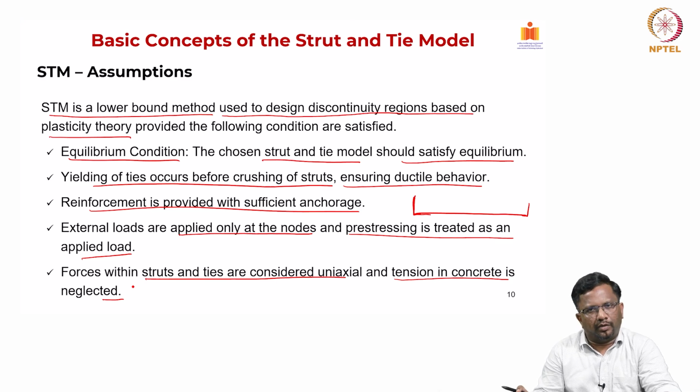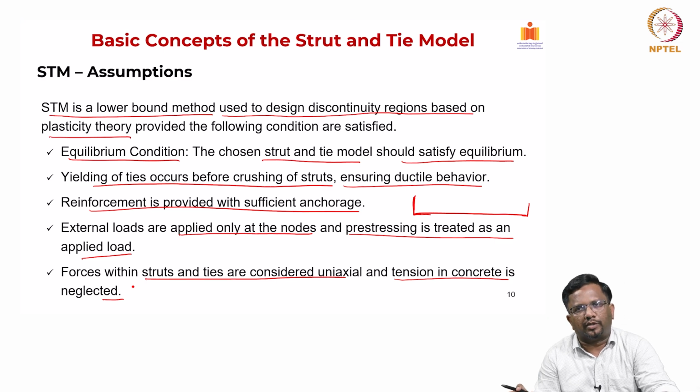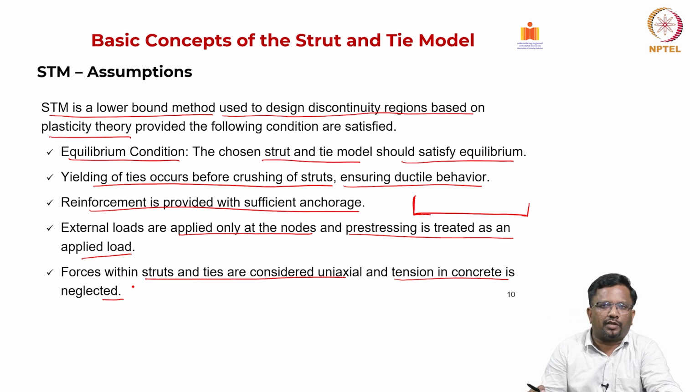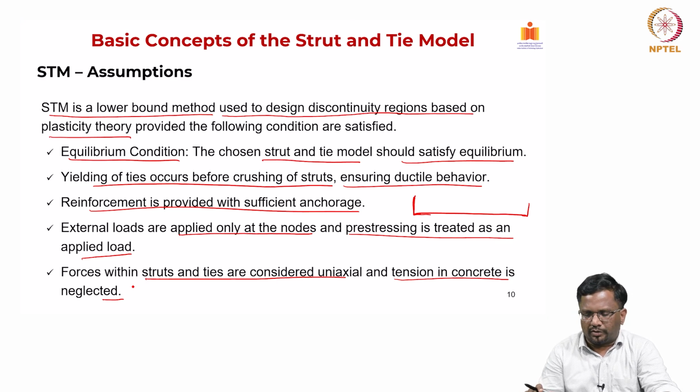Even though you use fibers, the ultimate strength may get only slightly altered. In the Strut-and-tie model, we are trying to calculate the capacities at the ultimate condition. At that time, if the crack widths are larger, the contribution of the fibers may not be that significant. So, we need to appropriately include the effect of fibers depending upon the dosage and the characteristics of the fibers that you are adding to the concrete.